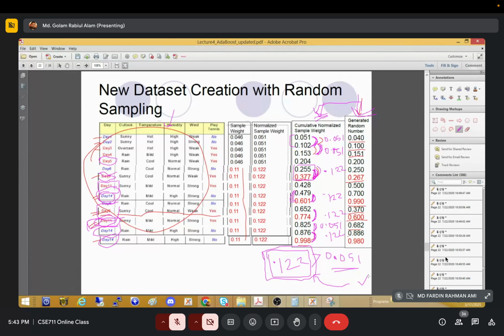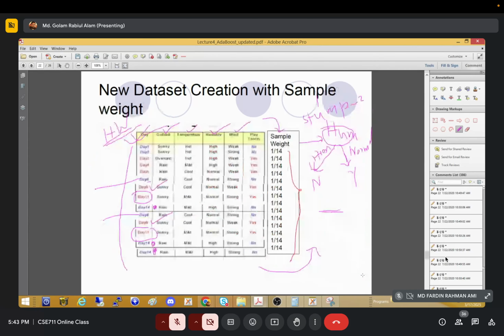So that means if more random numbers are generated within those ranges, then the misclassified instances will be copied more times. This is how the generated random numbers and cumulative normalized sample weight ensure that the misclassified instances will be copied more times in our new data set.